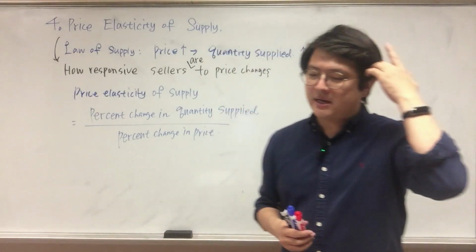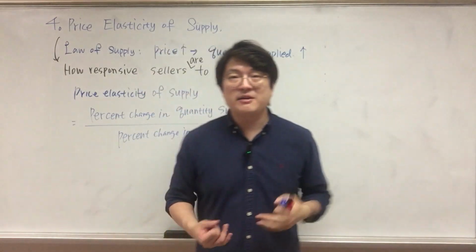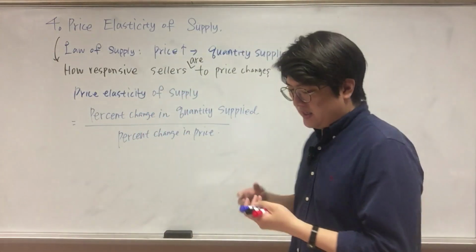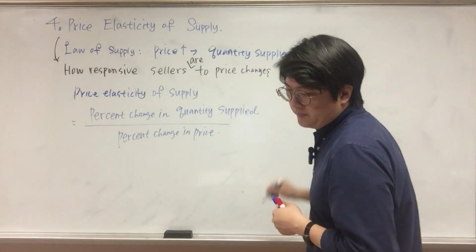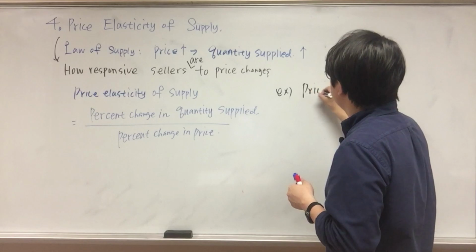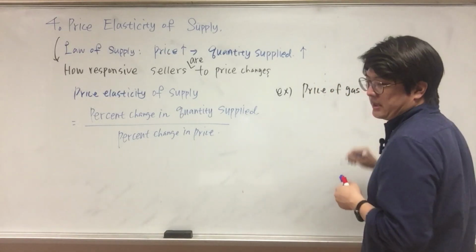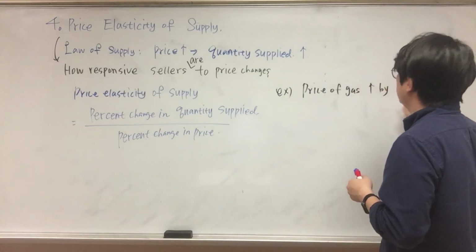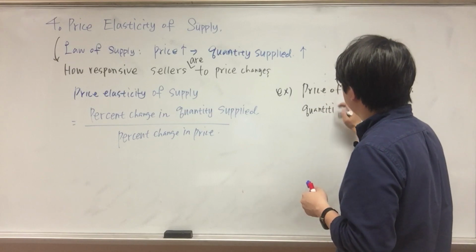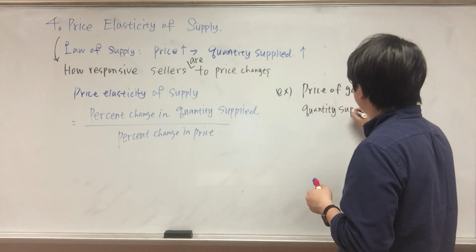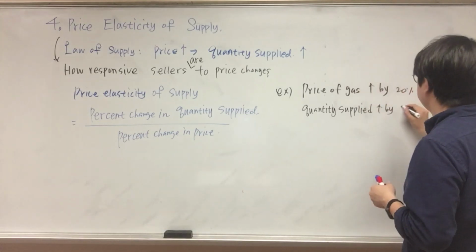So if the price of a gas market rises by 20%, and at the same time, quantity supplied rises by 2%, how can you find the elasticity? For example, the price of gas increased by 20%, and quantity supplied increased by 2%.